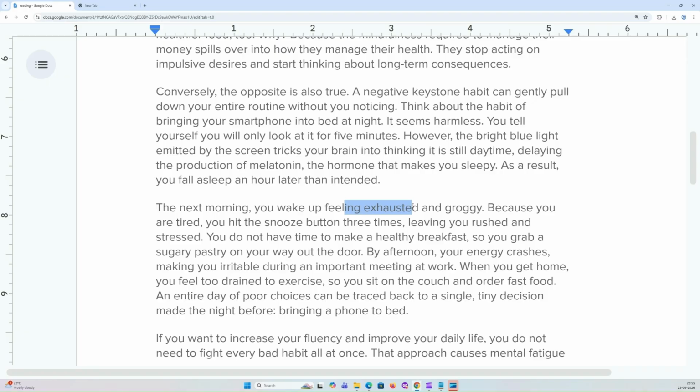When you get home, you feel too drained to exercise. So you sit on the couch and order fast food. An entire day of poor choices can be tracked back to a single tiny decision made the night before. That is bringing a phone to bed.